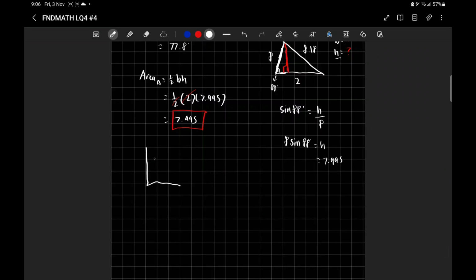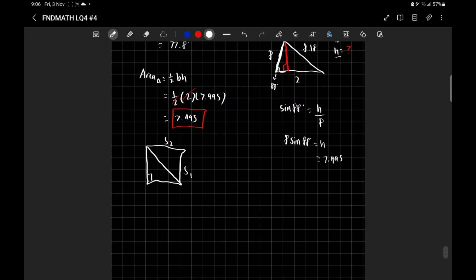So we know that the area of a square is just equal to side times side, right? So let's just label it as side 1, side 2, right? So if we try to create a diagonal here, a diagonal! So that's how it got it, right? It's a triangle, if you can notice it.